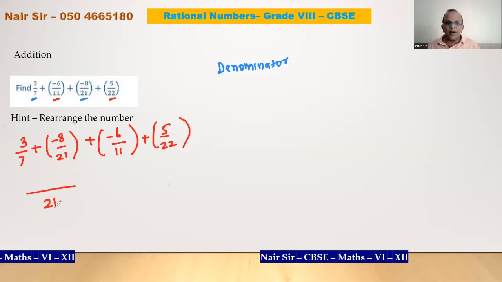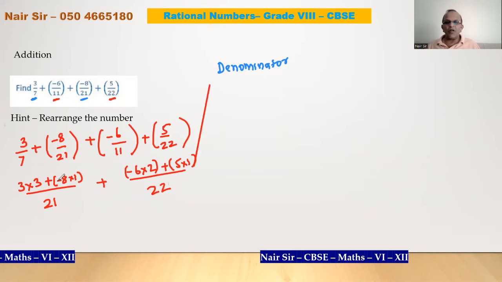LCM is 21. 3 into 3 plus minus 8 into 1, plus 22 is the LCM, minus 6 into 2 plus 5 into 1.